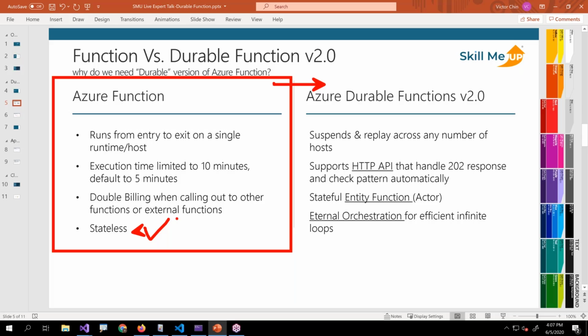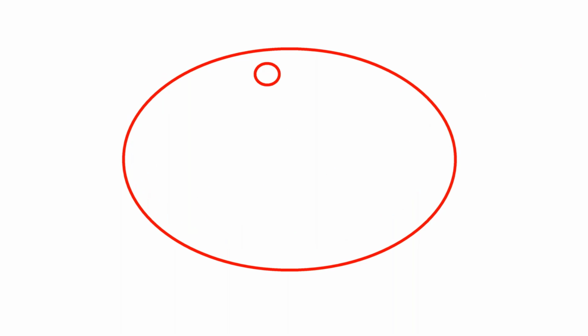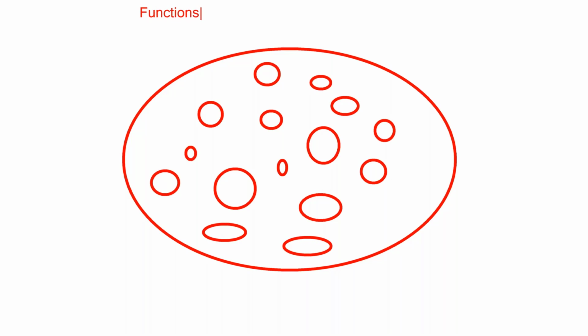If you picture a farm of machines, thousands of these machines that make up the function hosts, the power of the function is that it can run on any of these machines.